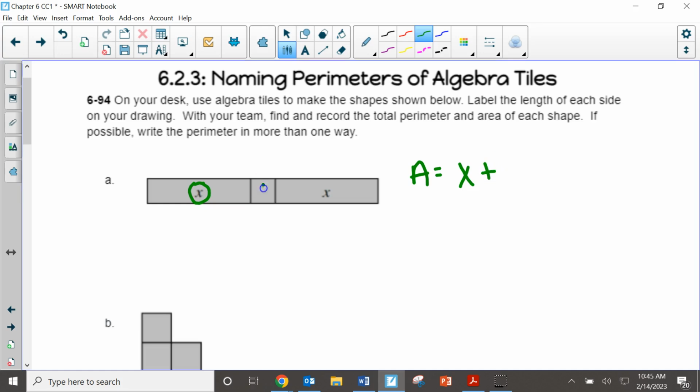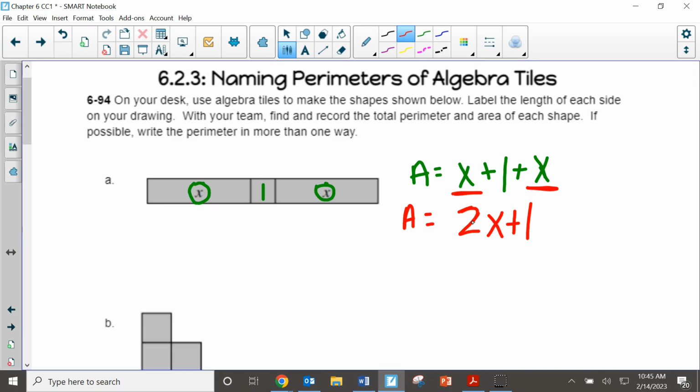We know the area of this guy is 1. And we know the area of this guy is x. So we're going to combine like terms. I combine my x's, and I have 2 of them. And then I don't have any other whole numbers to combine with my 1. So I just get 2x plus 1.